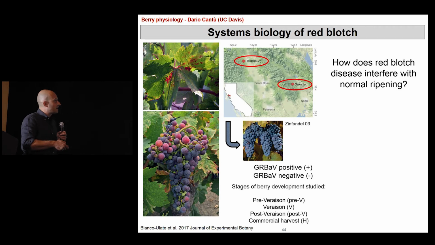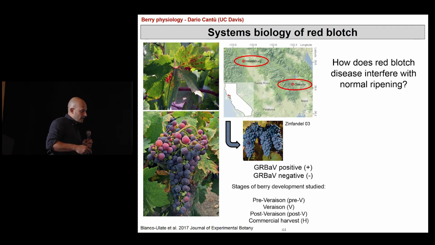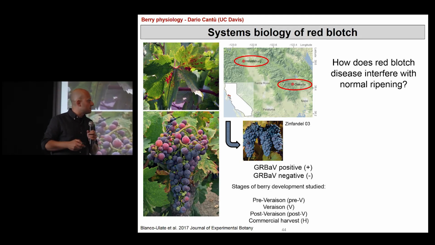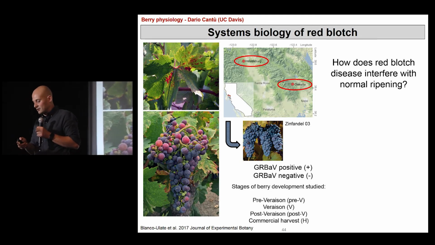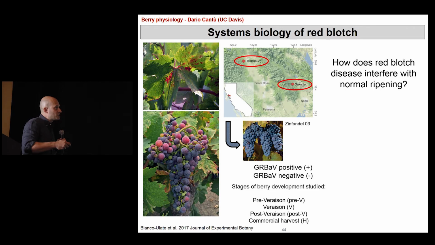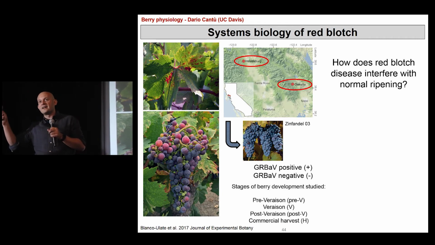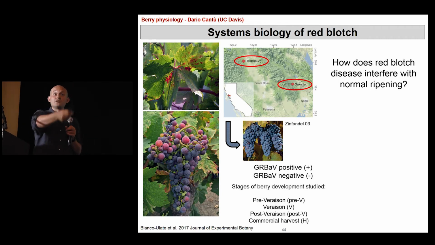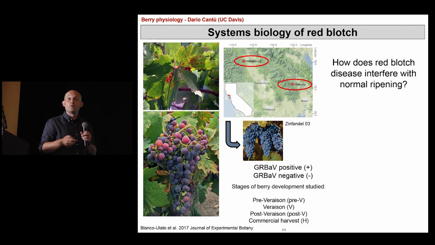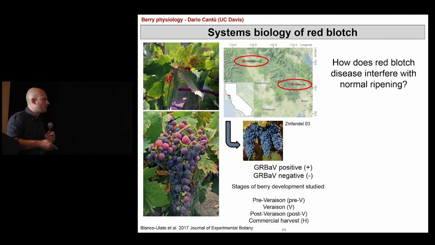So we conducted this study locally here in Oakville and in Sonoma, and we focused on Zinfandel clone 3 from FPS, and the question we tried to ask was, how does red blotch affect those regulatory events that happen in the berry that in turn result in worsened quality of the berry.